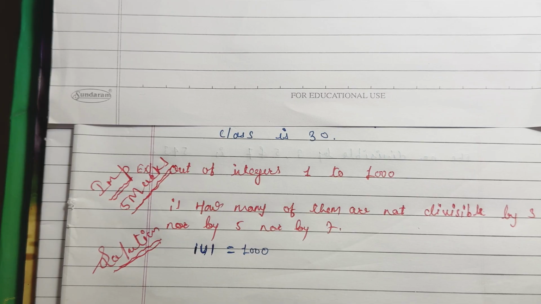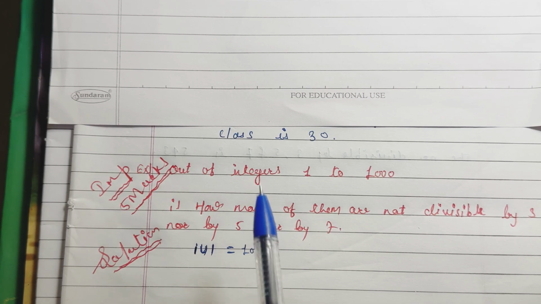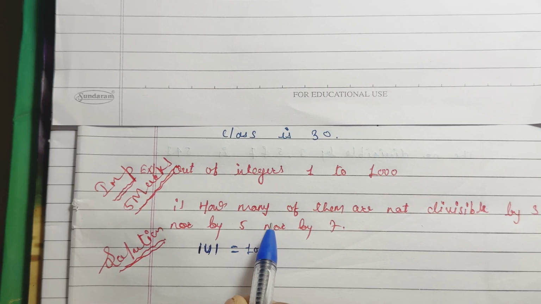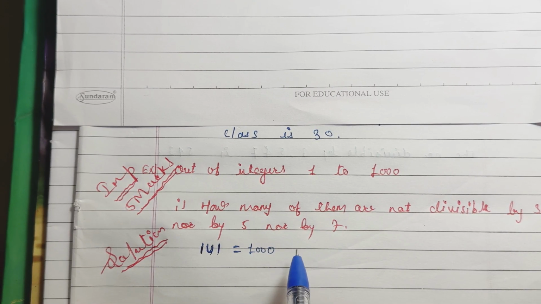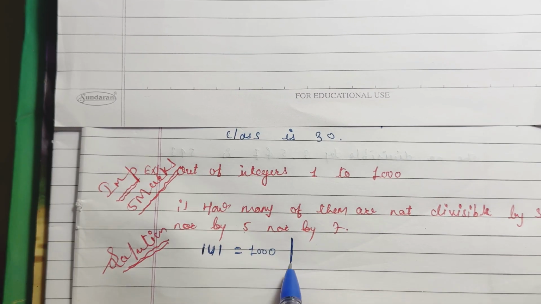First of all, we have to find how many integers are divisible by 3, 5 and 7. That is way easier. You have to find how many elements are divisible by 3, by 5, and by 7. First, call these by some variables.